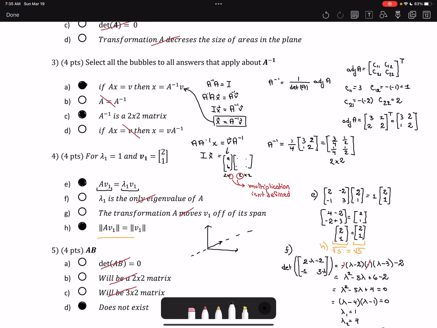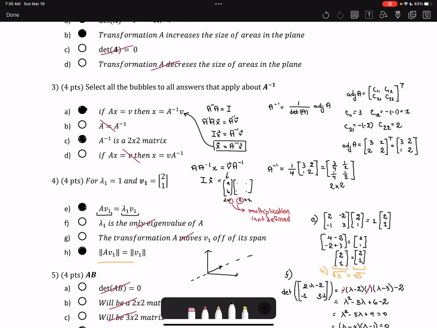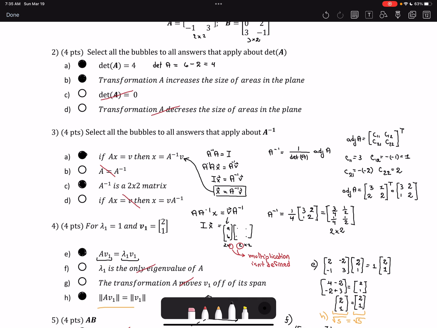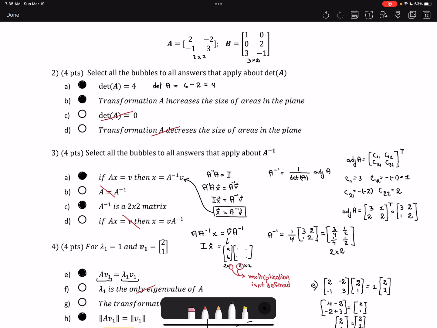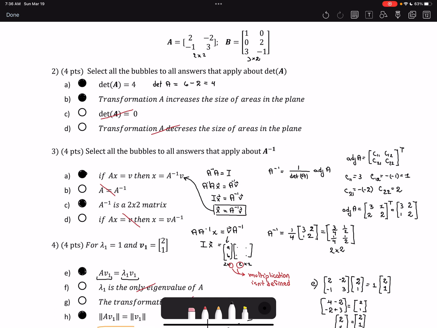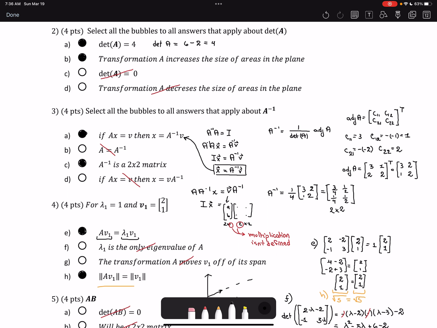Okay. Obviously, all of these things can be done quite faster in MATLAB, but it's a good idea to have an understanding of where they're coming from. So let me just show you what we did. 2, we calculated the determinant. B, we interpreted what that means. 4, we interpreted whether the statement in A is true, and it is true assuming that the multiplication is defined.